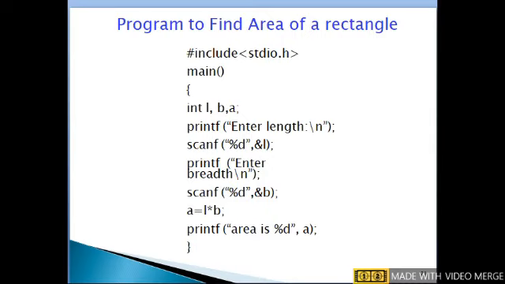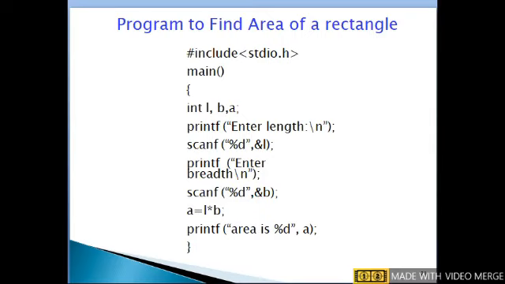Printf enter the length, it displays on the screen. Scanf reads the length of a rectangle. Again printf enter the breadth, it displays on the screen. Scanf %d and &b reads the breadth and stores that value in the b variable.